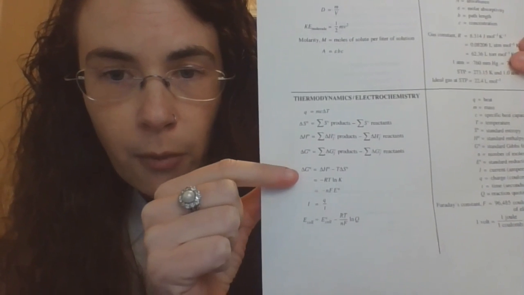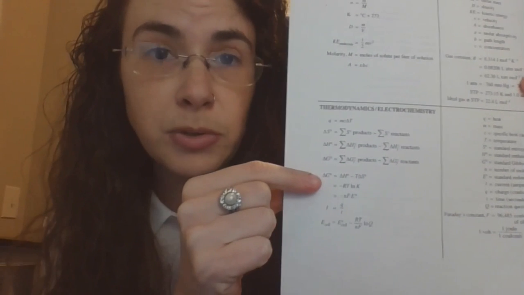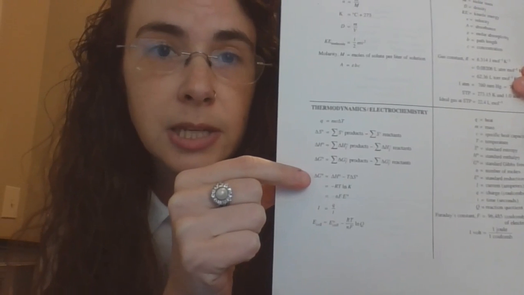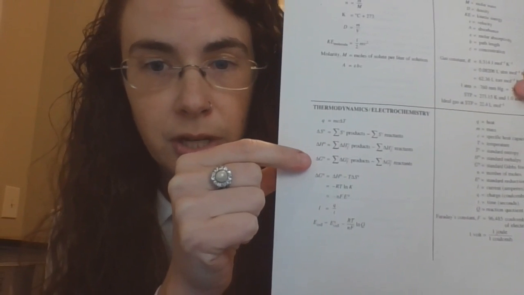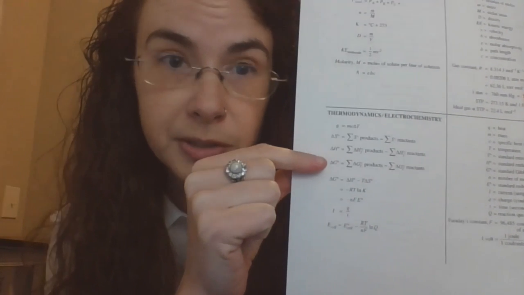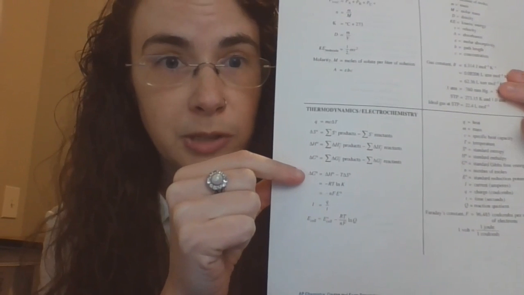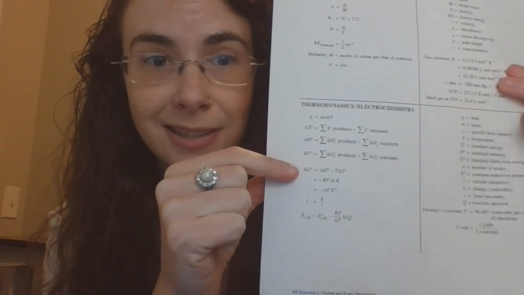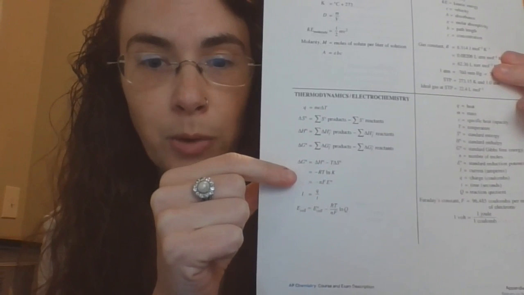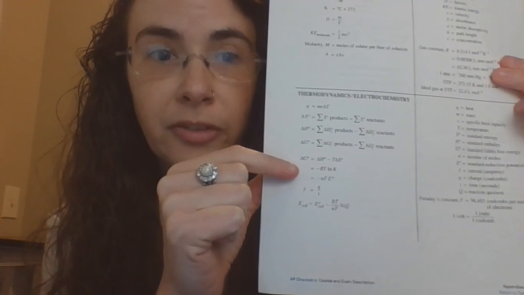Okay, we now have a few different equations to calculate delta G. We've got delta G being calculated with products minus reactants. We've got it, we learned a couple units back, delta H minus T delta S. And then now we have this new one that involves the equilibrium constant.